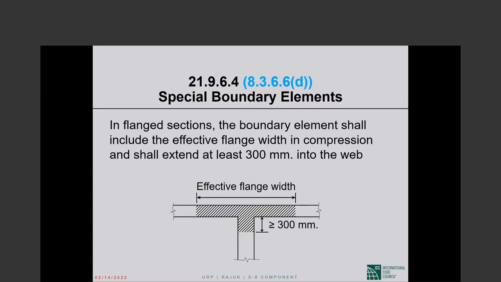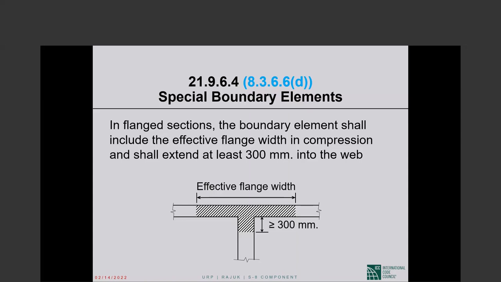If the boundary elements become large enough that they overlap each other, does this ever happen, Dr. Ghosh? The boundary elements at the two ends overlap. What is the best solution? Increase the thickness of the shear wall or increase the length of the shear wall?